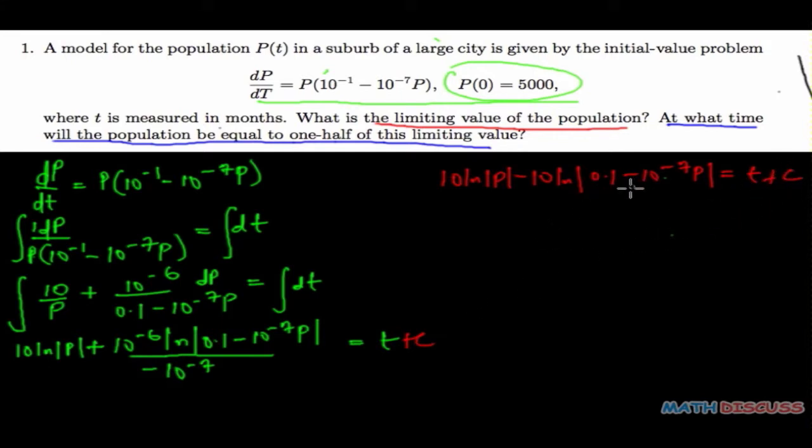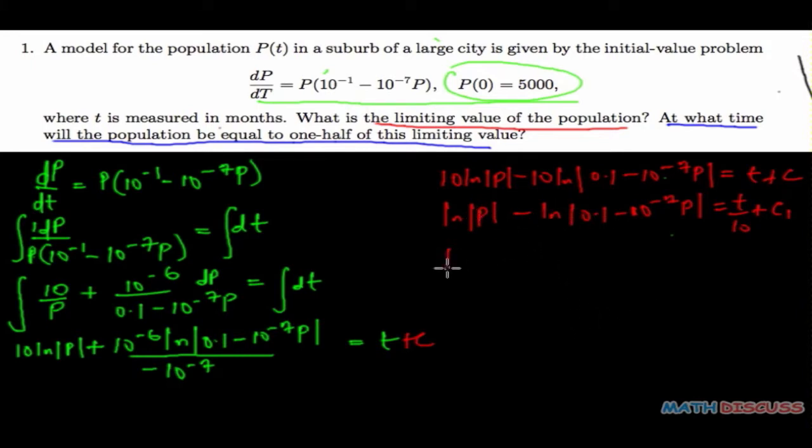Simplifying, we divide both sides by 10. So you have ln P minus ln of (0.1 minus 10 to the power negative 7 P) equals t over 10 plus c over 10, which gives a new constant, c1.